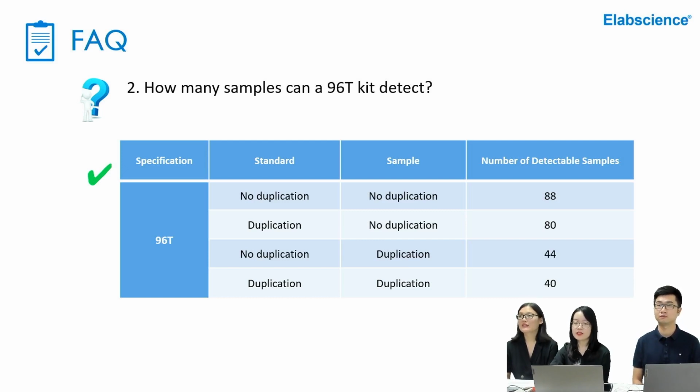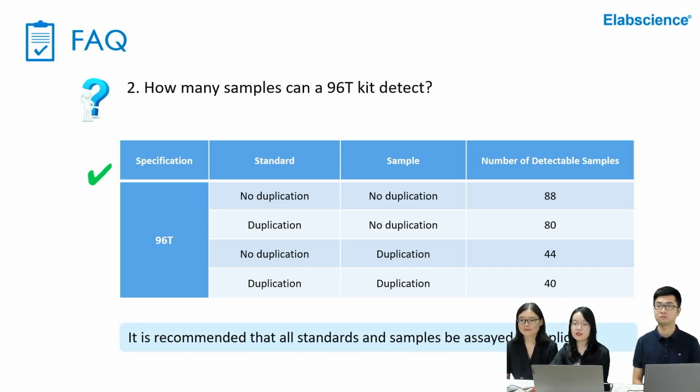And for each test kit, it's necessary to test the samples together with the standards. In addition, it's recommended that all the standards and the samples be assayed in duplicate to improve the accuracy of the test results. However, the duplication is selected according to the experimental design and without the rigid requirements. All right, thank you. This is really important before we start the experiment.